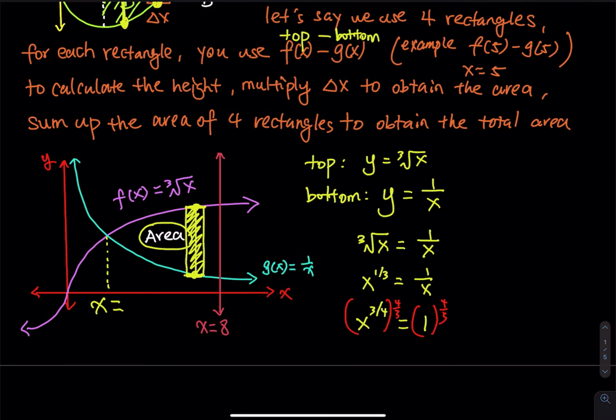And then you can clearly see that x is just equal to 1. And also x is equal to -1. Do you know why? Because g of x is 1 over x, right? That is a reciprocal function.